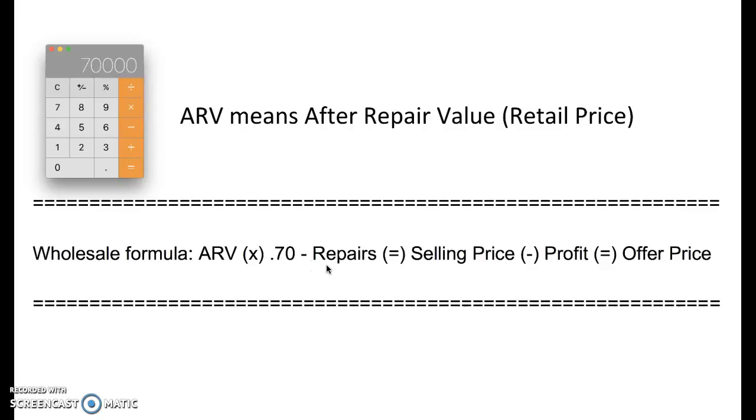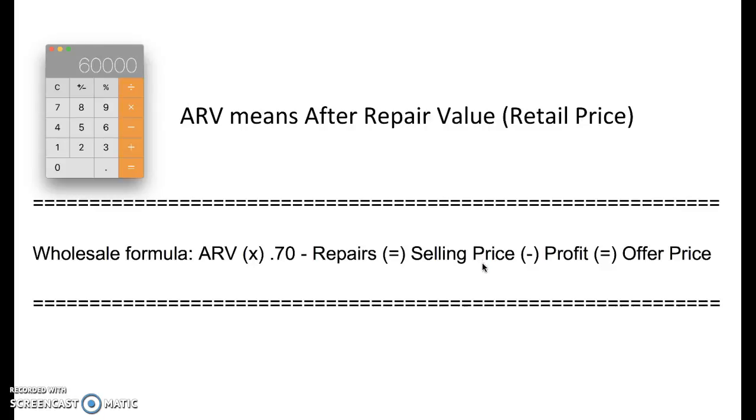Next, you minus the repairs. Let's say the repairs needed to fix this house back up are 10,000. That brings you down to 60,000. That equals the selling price.